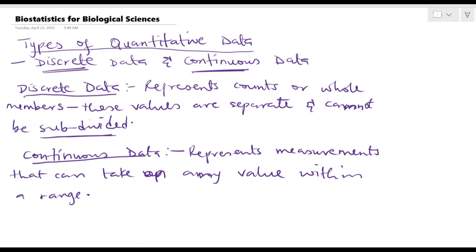So it can take on any value within a range. It actually can be subdivided. So why is it important? Why is quantitative data important to biological research? We'll be seeing that in the next slide.